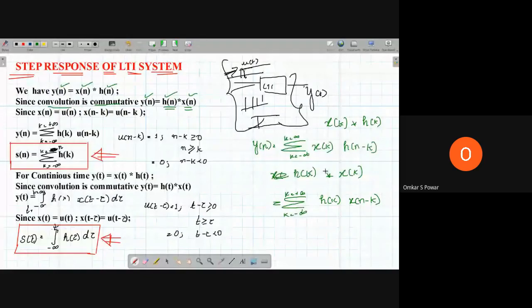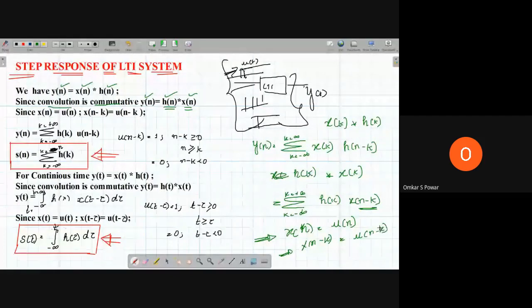So x of n is equal to u of n, because that is your input. Then x of n minus k will be equal to u of n minus k. So that is the difference.